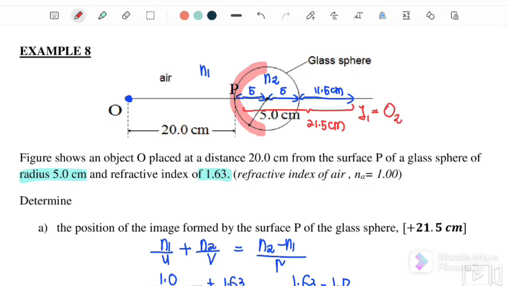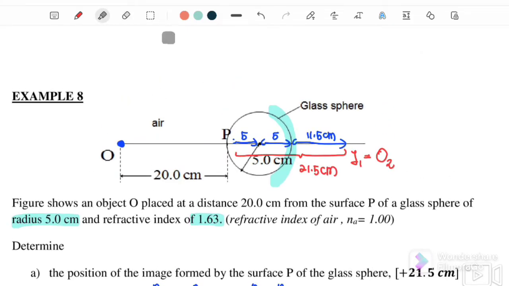Now we look at the second surface, which is at the second part on the right hand side. This one I wrap in red color, this one I cancel off. Now we are going from glass sphere to the air. Our first surface is this, and this is our second surface. The first refraction is from 1 to 2, meaning from air to glass.